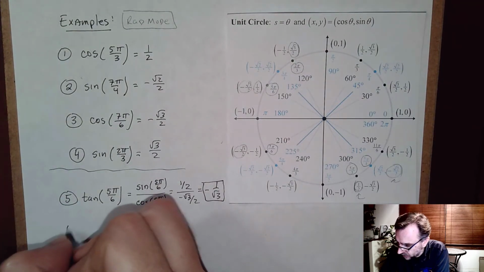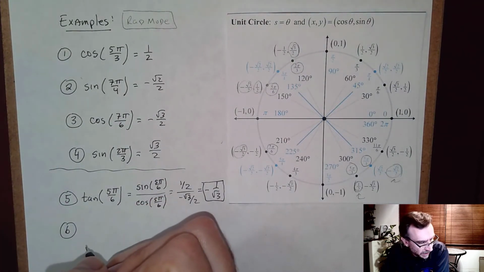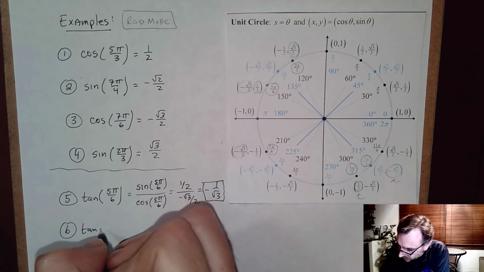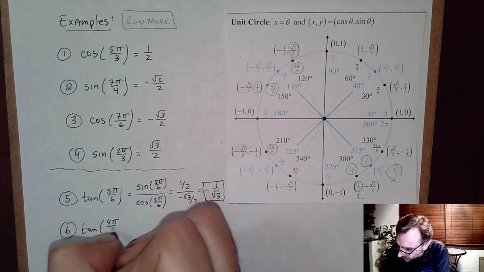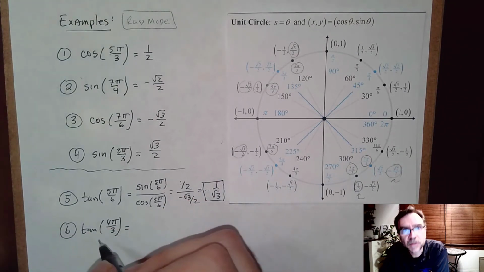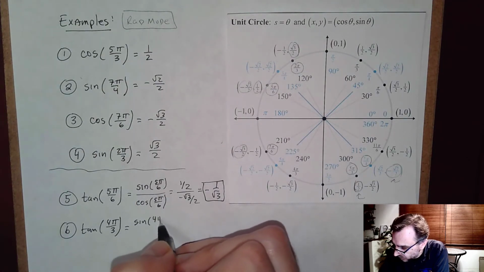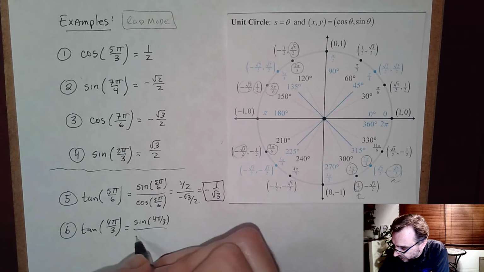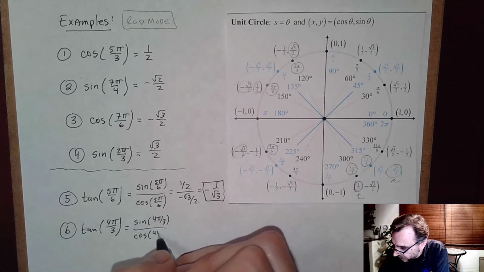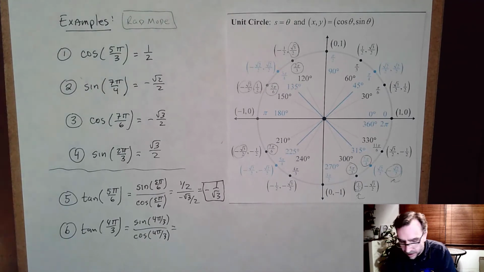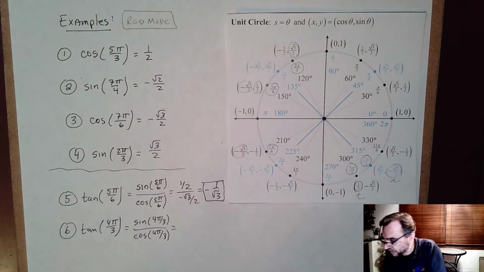Let's do another one. What if they wanted us to find tangent of 4 pi over 3 radians? Okay, so I know tangent is sine over cosine, so I would write sine of 4 pi over 3 divided by cosine of 4 pi over 3. And then I would look for 4 pi over 3 on my unit circle.